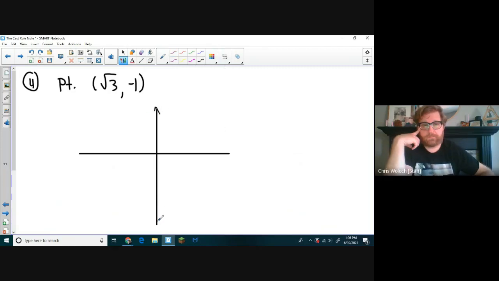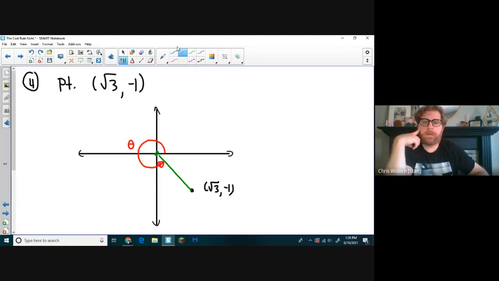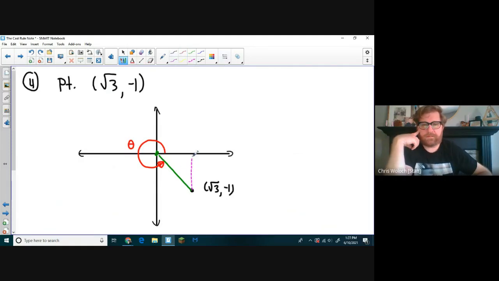All right, so now I'm in this quadrant here. So this point is √3 and -1. Okay, so now I've swung into the 4th quadrant. And again, we do the same thing, right? I drop this down.